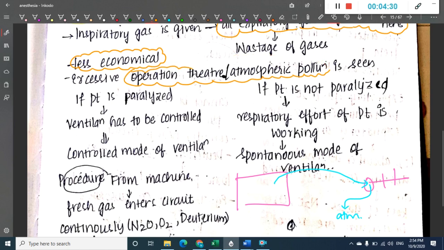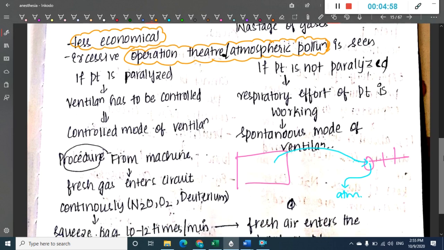We give nitrous oxide, and we give oxygen only 21%. The rest will be other gases, right? So nitrous oxide can be reused. All these gases, especially from the vaporizers, the inhaled general anesthetics which we give, can all be reused. So there is increased atmospheric and operative pollution also.